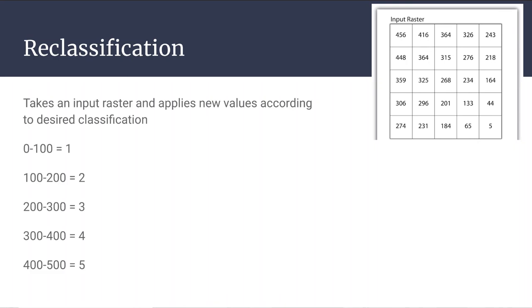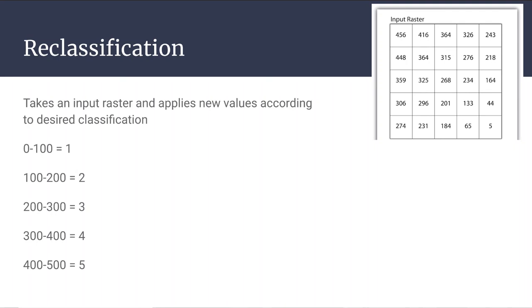So to carry out reclassification, you have to decide on the number of classes and the class ranges. In this case, we want 5 classes, again ranging from high to low, with kind of a middle value at 3. And by looking at the entire range of values from 5 to 456, you might decide that a reasonable range for each class would be 100 meters.